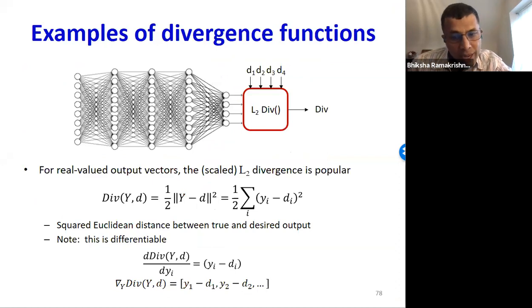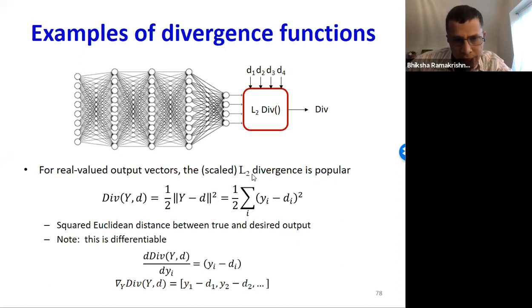Now, what kind of divergence functions can we have? If my output is real valued, then a typical divergence function between the actual output of the network and the target output can simply be the Euclidean distance between the two. If the output is scalar, it's just that; if the output is a vector, it's going to be half of the squared Euclidean distance.